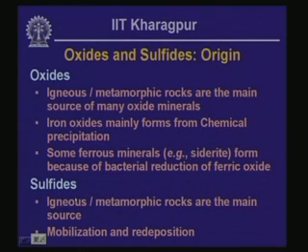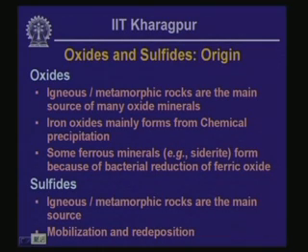Now, we look at the origins of oxide and sulfide minerals. Oxides form out of igneous or metamorphic rocks, from volcanism, which is the source of many oxide minerals. And iron oxide, by the way, forms out of chemical precipitation.